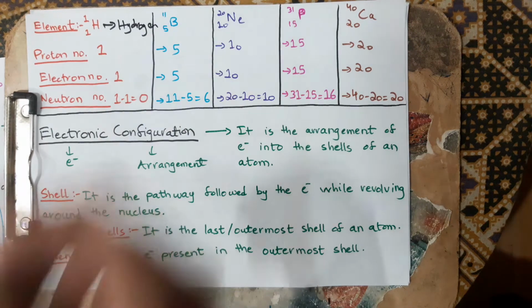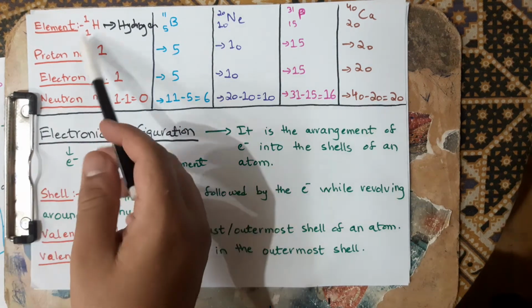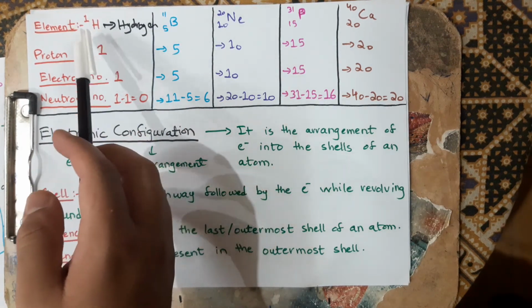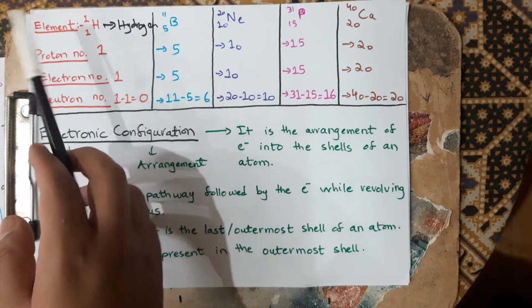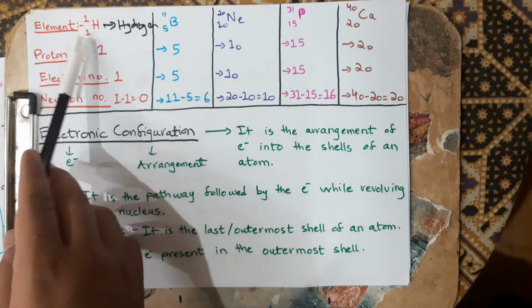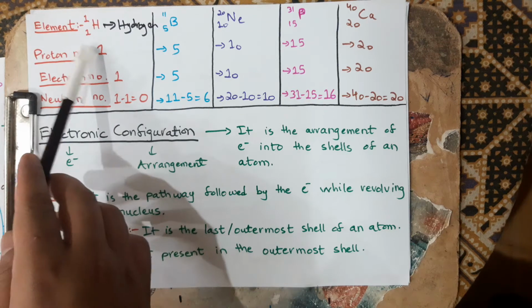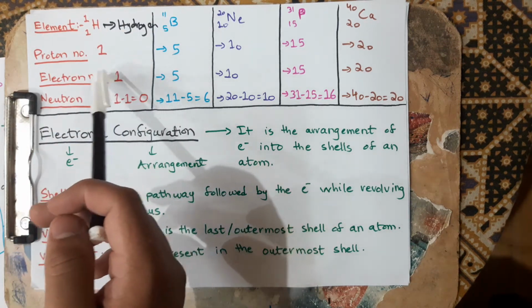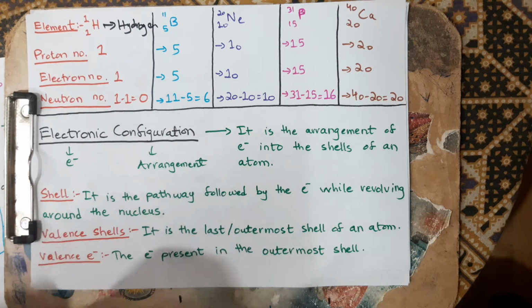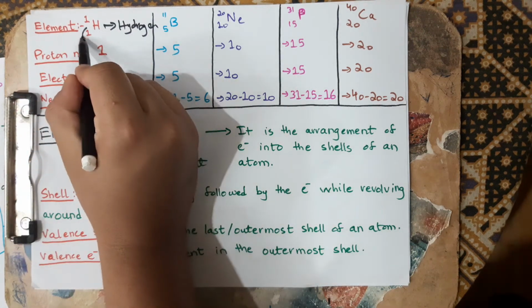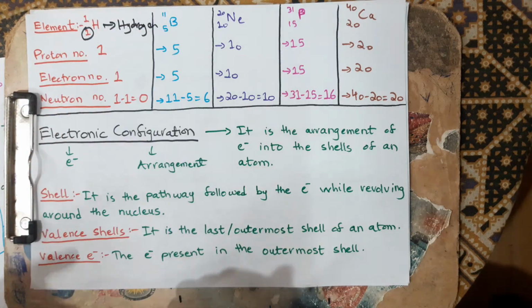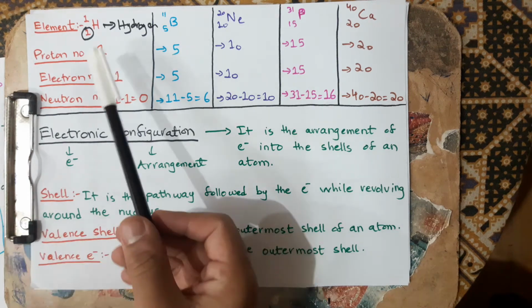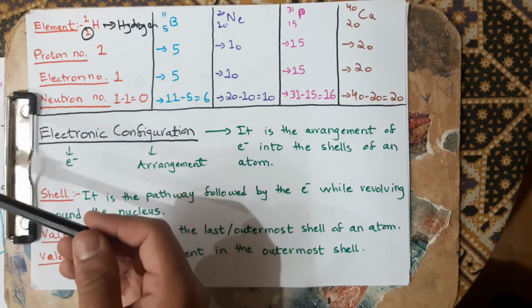You can see that its atomic number and proton number in the periodic table is written as 1 and 1. So it's easy to identify that its proton number is the lower one, the smaller one. Here both are 1. I will tell you why.